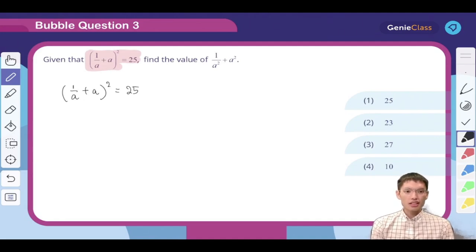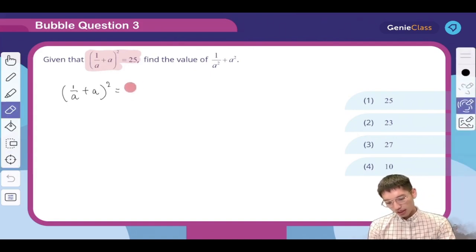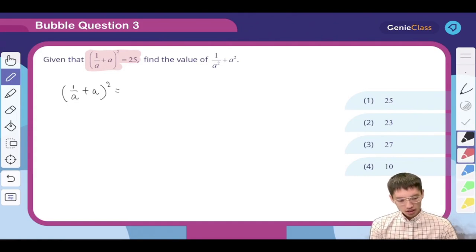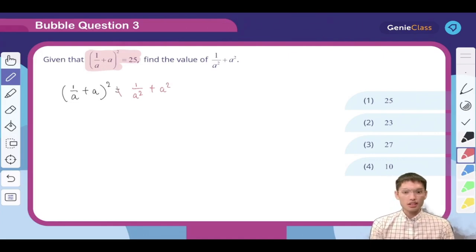Okay, that's not the case. Let me see the responses. Not too bad, but most of you are falling into the trap. Take note, how do we expand this one? Some of you did it this way, that's why you all chose the first option. But this is not the case.